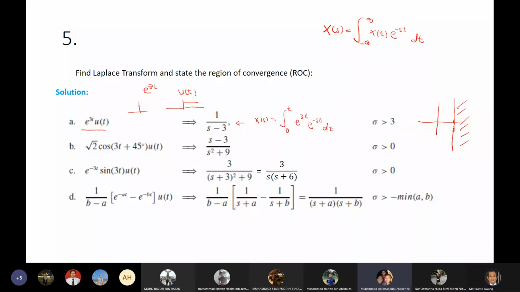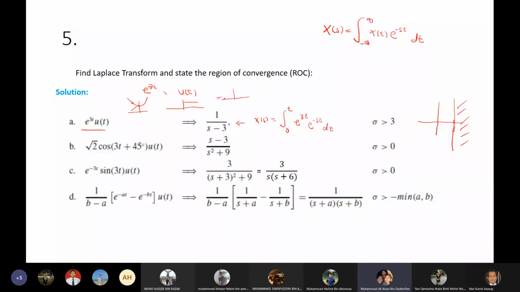Right? So basically it's like that. So when you multiply these two, what happened?